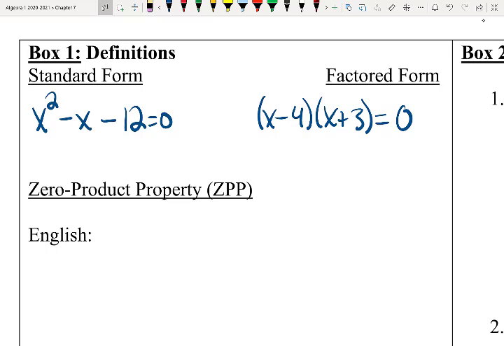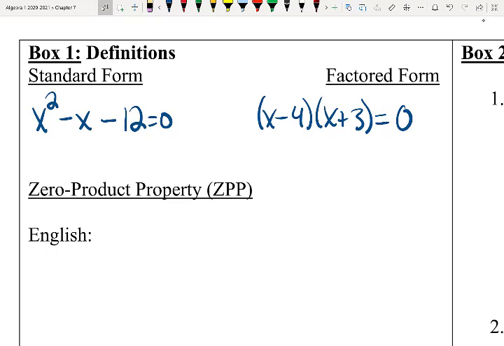Now, in this case, we're looking at the polynomials that would multiply together to give me my standard form. If I went through and FOILed or box multiplied x minus 4 times x plus 3, I would end up with x squared minus x minus 12. So they're two equivalent equations. It's just that one is in standard form and one is in factored form.